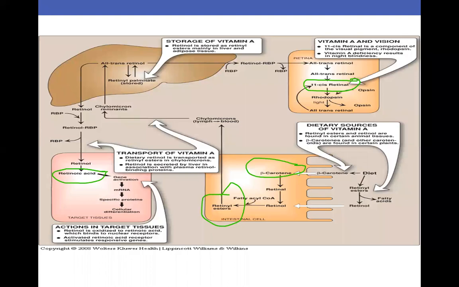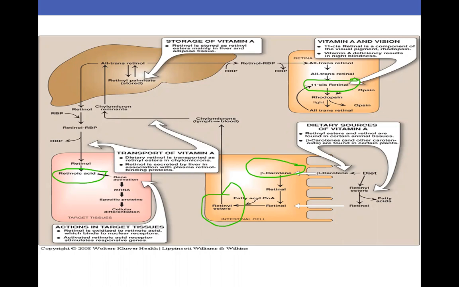The other thing I want you to know is that if I need to transfer vitamin A in my body, I'm going to use retinol esters. And this should make sense to you because I talked about vitamin A being a fat soluble vitamin, correct? If it's a fat soluble vitamin, I need to make it more water soluble in order to transfer it in my blood.